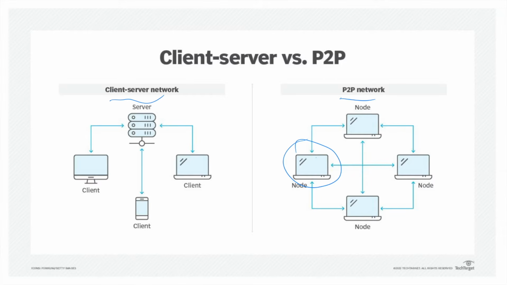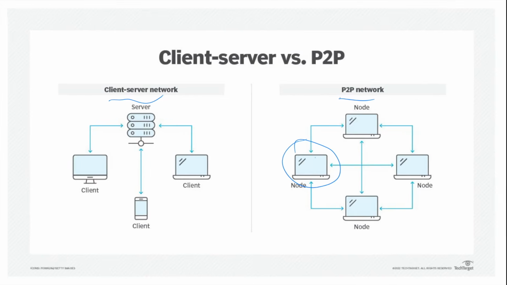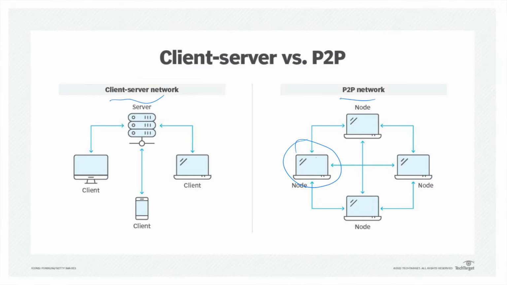So every computer can both serve other computers and access or receive services from other computers. Versus right here, we only have one larger computer that is going to dispense services, and all the other computers are just going to access it. They're not going to give to the server or act as a resource for this main server right here.